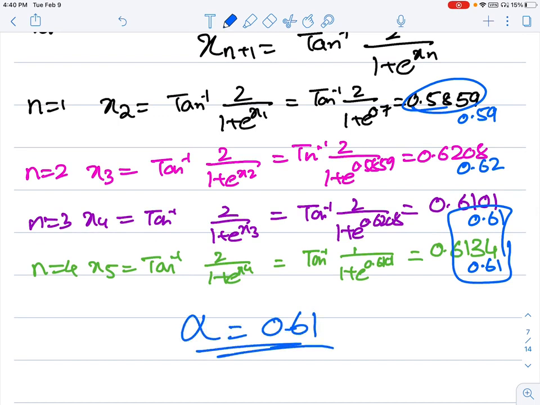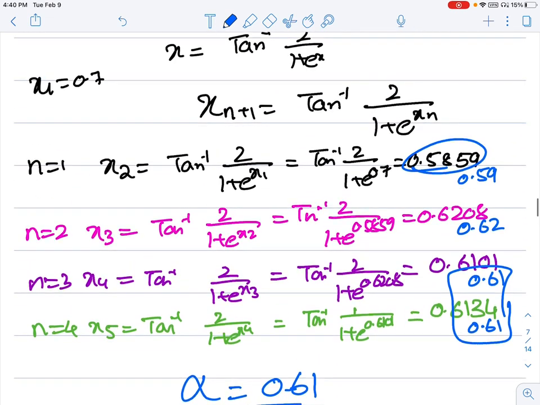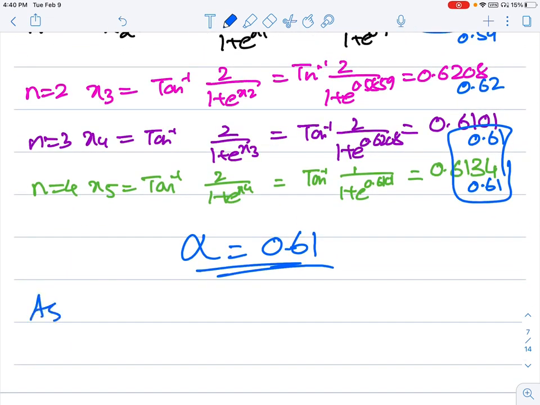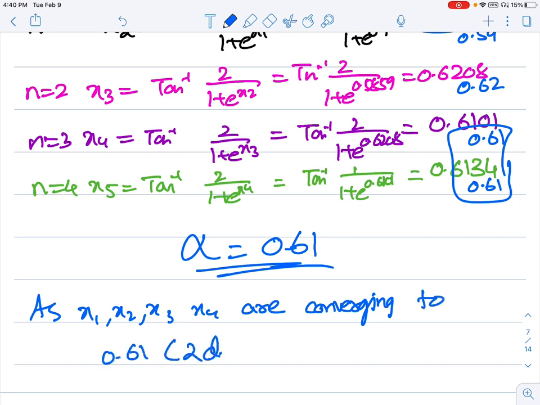So that's going to be the answer. You have to write it out as x1, x2, x3, x4 are converging to 0.61, 2 decimal places. The root is 0.61, converging.